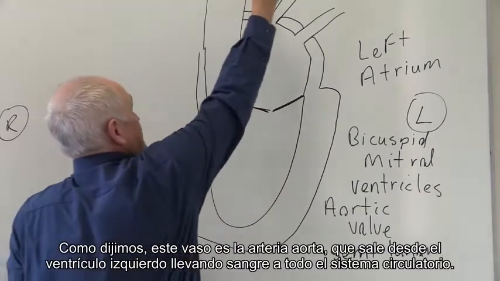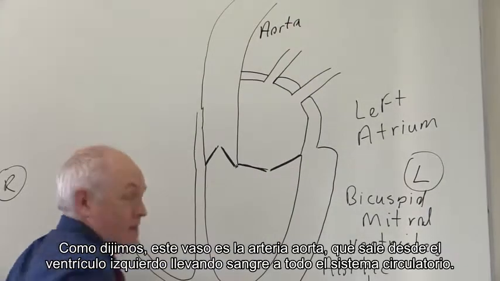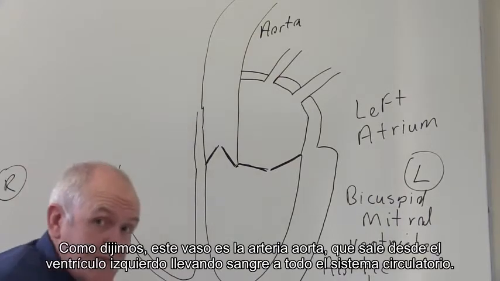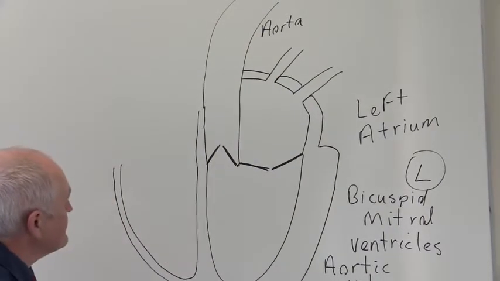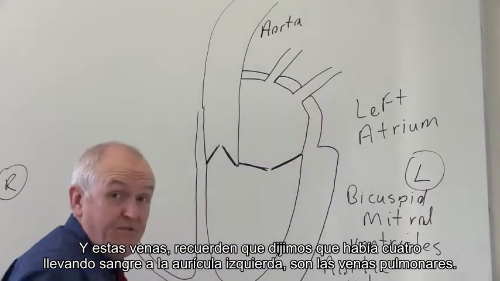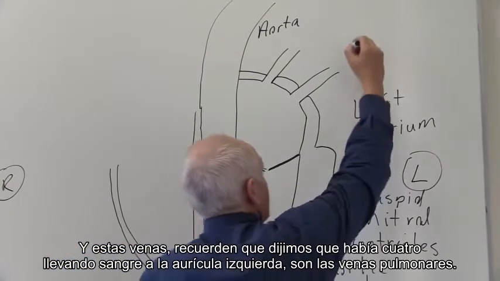So as we've said, this vessel is the aorta, the large vessel leaving the left ventricle, taking blood all round the systemic circulation. And these veins here, remember we said there was four veins taking blood into the left atrium. They're the pulmonary veins.